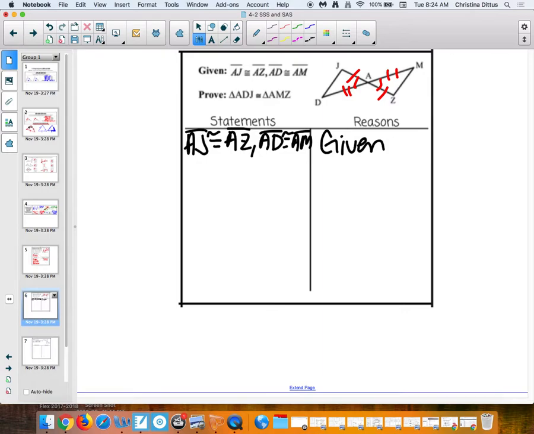Nope. Let's go angle DAJ is congruent to angle MAZ. And I can say they're congruent why? They are vertical angles.